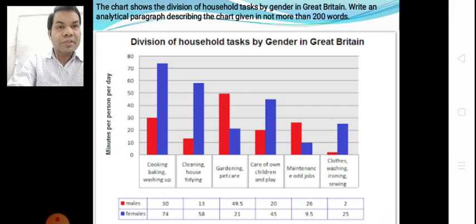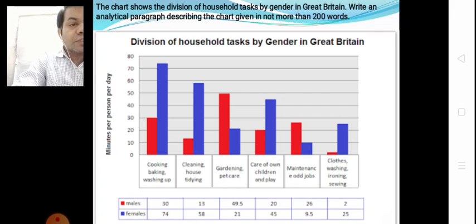The chart shows the division of household tasks by gender in Great Britain. Write an analytical paragraph describing the chart given in not more than 200 words. Now, cleaning, house tidying. So here also you can see males are just above 10 million, while the women are more.